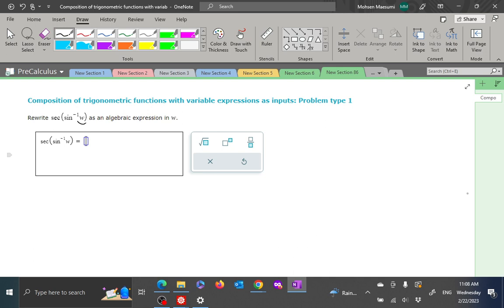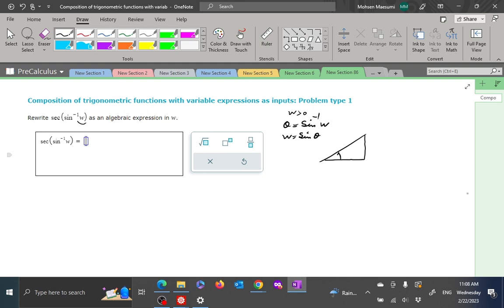Now, what picture corresponds to that? First, let's suppose our w is a positive number so that we have a concrete picture to draw. Just like that problem we did, if I say an angle theta is equal to sine inverse of w, it means w is sine of theta.